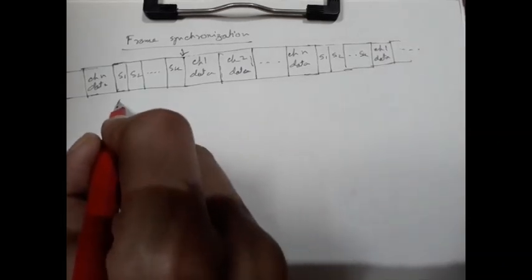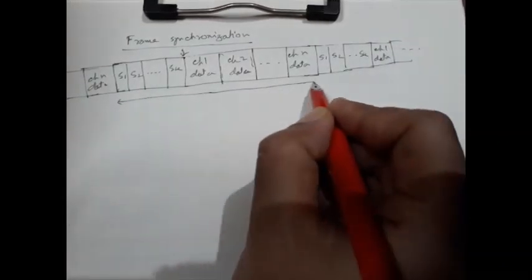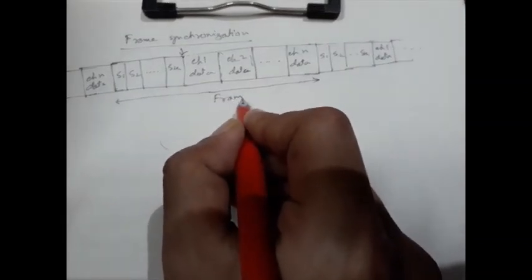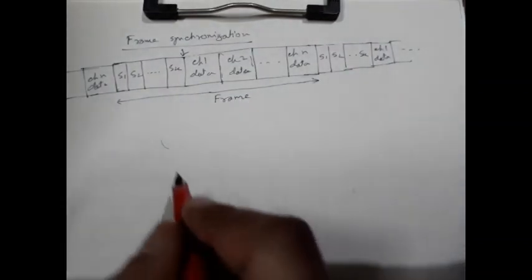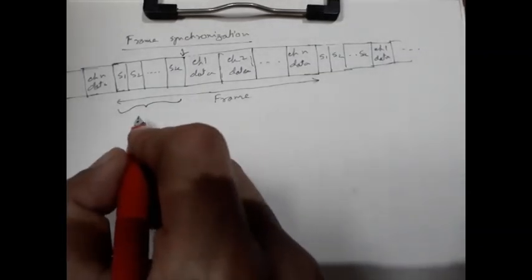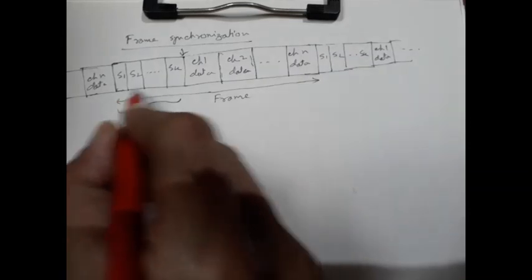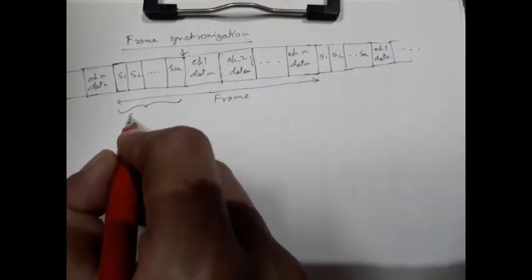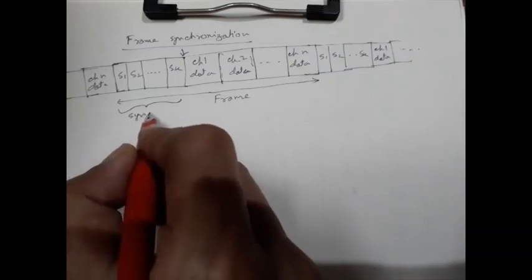Starting from this portion to the end of this block is the frame, and the special data sequence that we add in front of this chunk of data is the sync word.